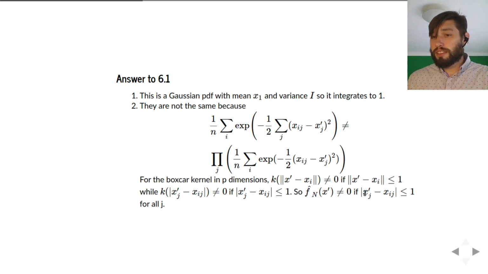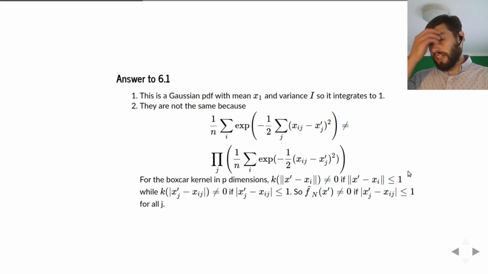This is implied by the 2 norm being less than or equal to 1, right? Because the 2 norm is lower bounded by this absolute value. And so one of these is implied by the other, and so the naive Bayes is going to be non-zero more often.